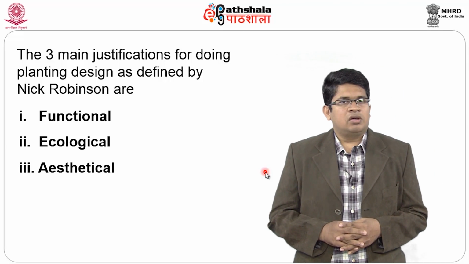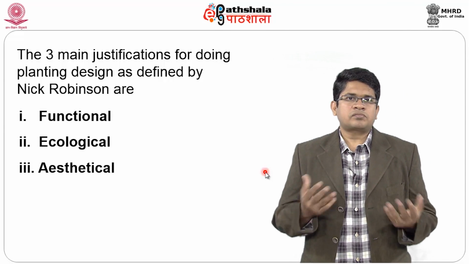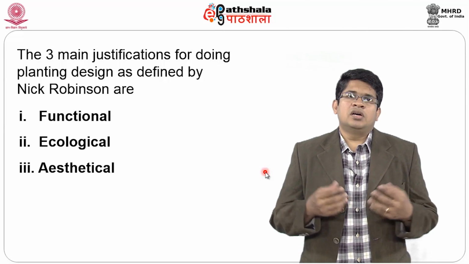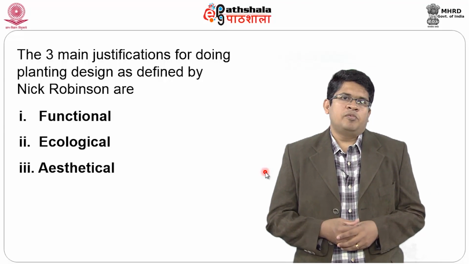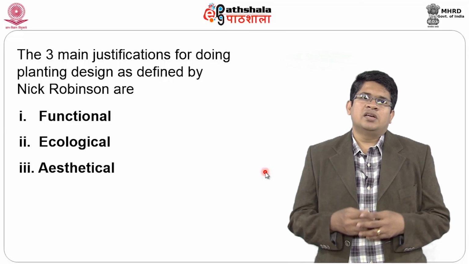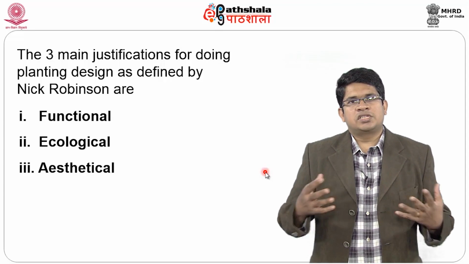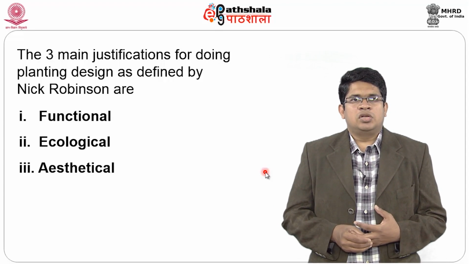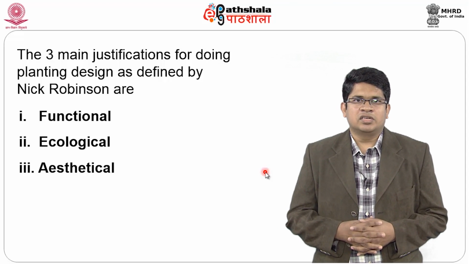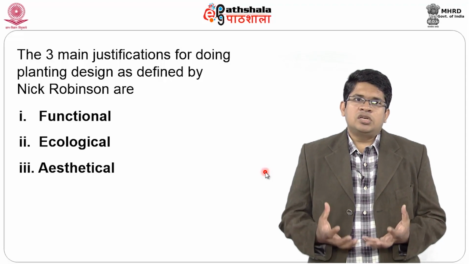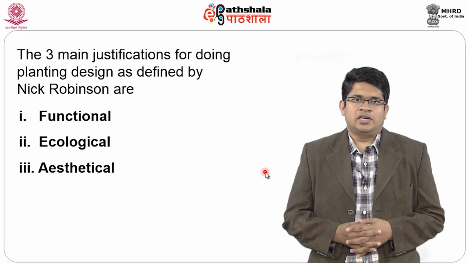Secondly, we have the ecological justification, wherein our planet is in a state of flux, it is changing, it is an environment which has constantly changed over the years, and there are so many factors that contribute to the ecology of this entire planet.